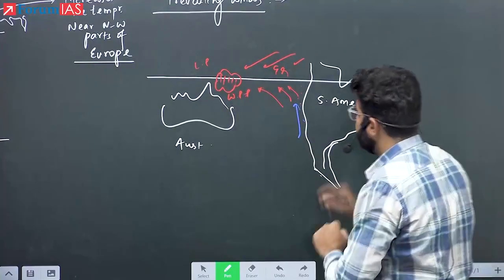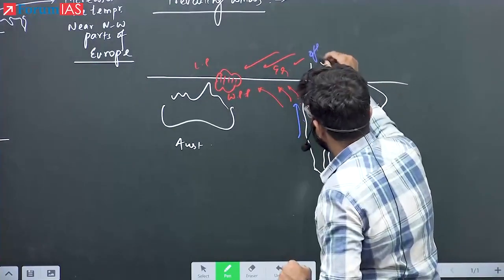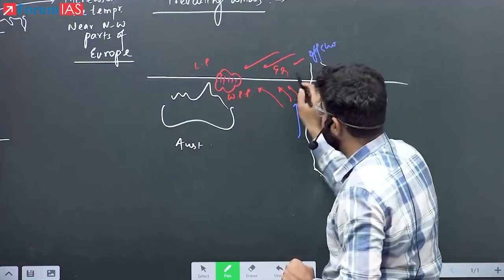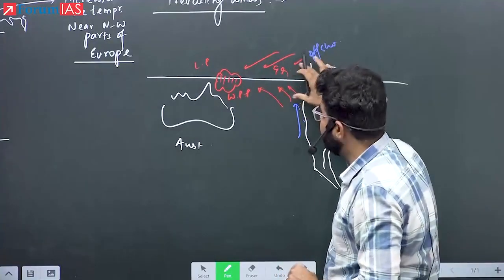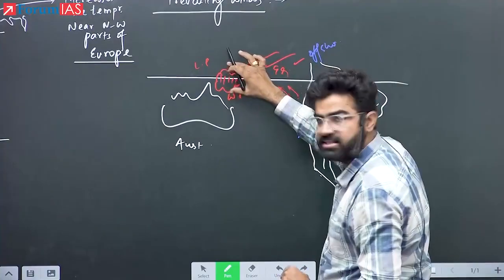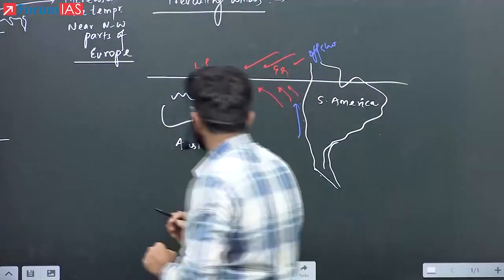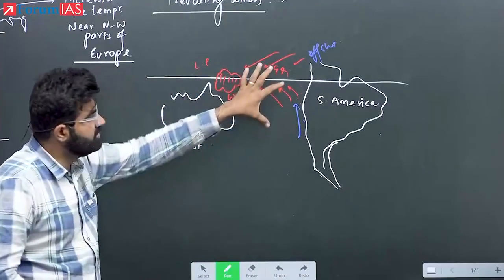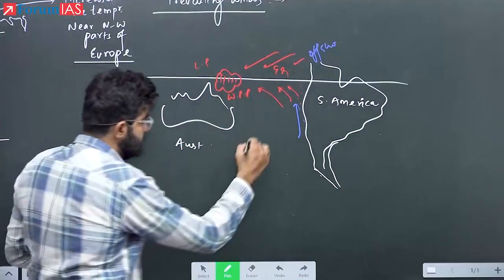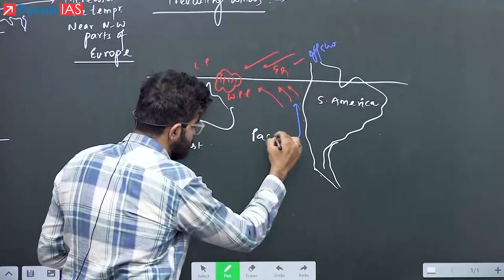Now see here. If the offshore trade winds were here, they were responsible for dragging the water from this area, and the water was being piled up in this region. Now, what is the role of winds in terms of temperature distribution? See this very carefully. This is the Pacific Ocean.